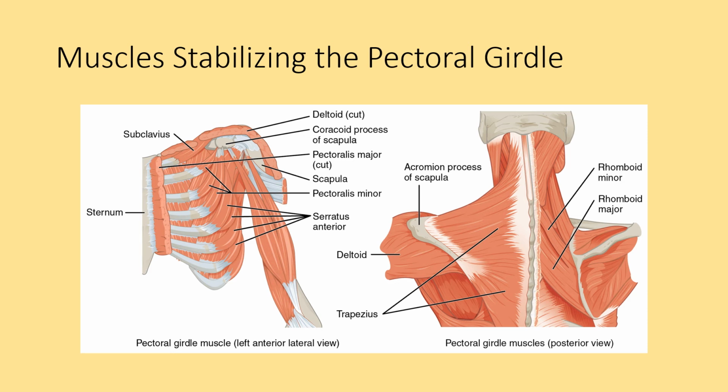The pectoral girdle, the shoulder joint. There's a lot of muscles there, and this is showing some of them that are helping to stabilize it. Remember, with joints, there's a give and take. The more flexibility you have at a joint to allow for greater movement, like what you see with the shoulder, the thing you're going to give up is stability.